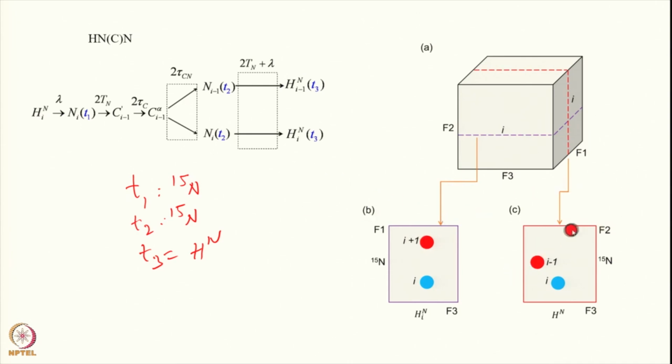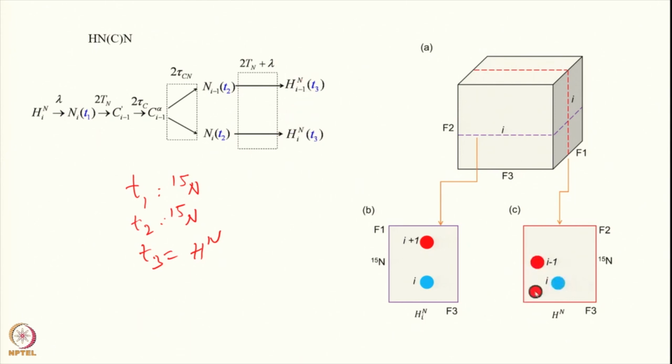Whereas if you look at the F2 F3 plane, that is at a particular F1, which is the I, what are you seeing? You are seeing 2 nitrogens which are I and I minus 1. And they will appear at the respective HN chemical shifts, and that is what is shown here. At the respective HN chemical shifts I minus 1 and I, you are seeing 2 different things.